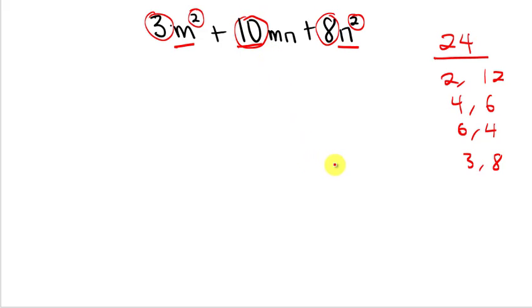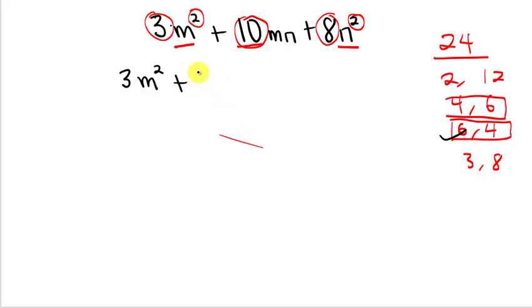So the perfect pair of numbers is going to be the 4 and the 6, or the 6 and 4. Let's use the 6 and 4. Okay, so we are going to repeat the first term. We are going to have our 3m squared plus, we are using a 6, so 6mn.